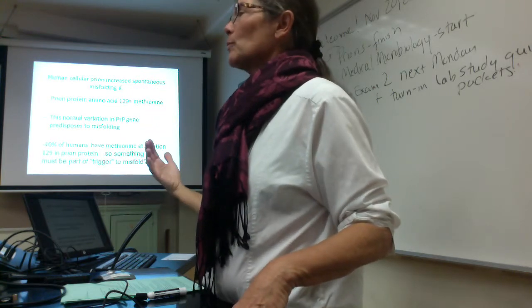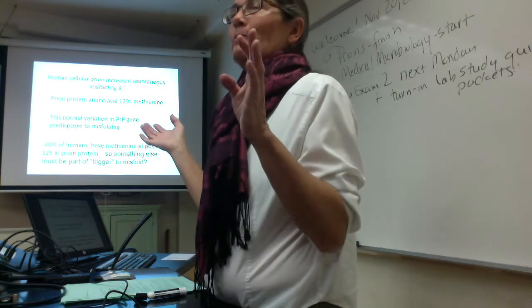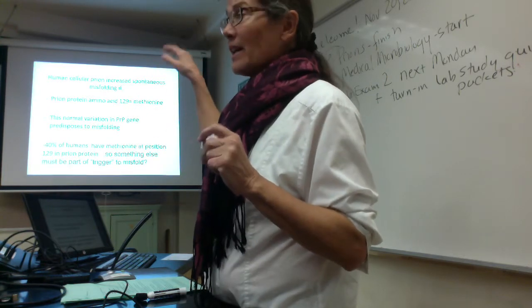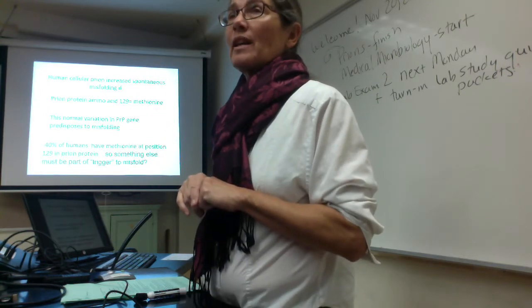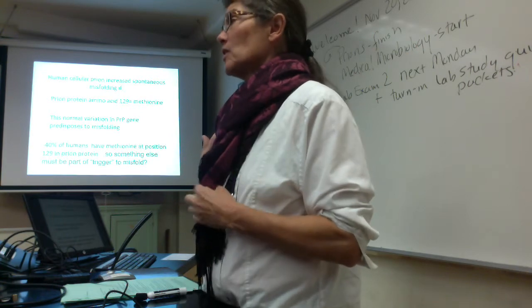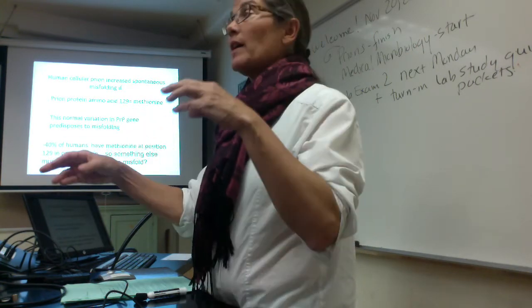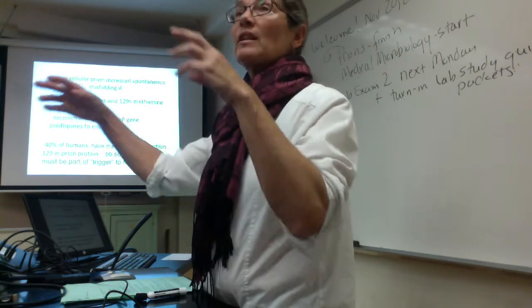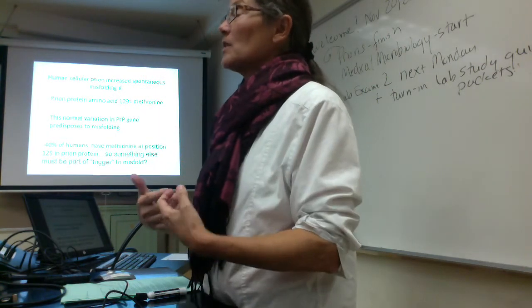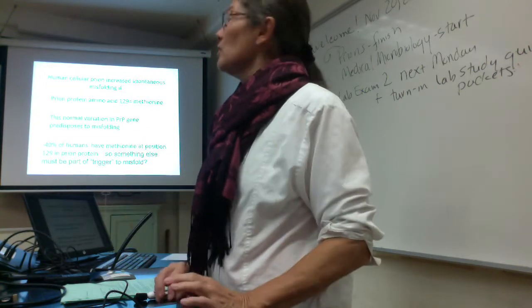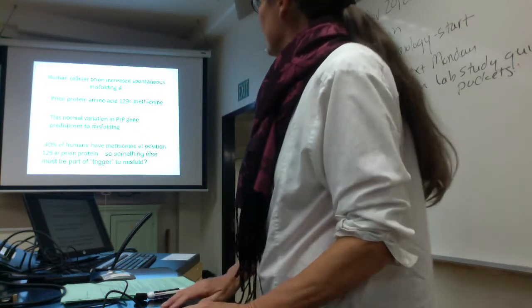That appears to be a risk factor, but you guys, you don't need to panic because almost half of us have the methionine at position 129, and half of us don't develop Creutzfeldt-Jakob disease. So this might be a lot like cancer, you guys. It's multifactorial. There's numerous hits going on. There's some genetic predisposition, but maybe there's some environmental hits going on as well. We just don't know. We just don't understand it. Yeah.